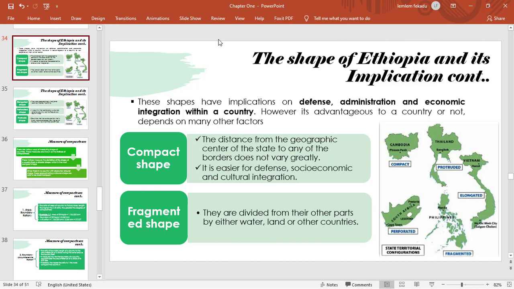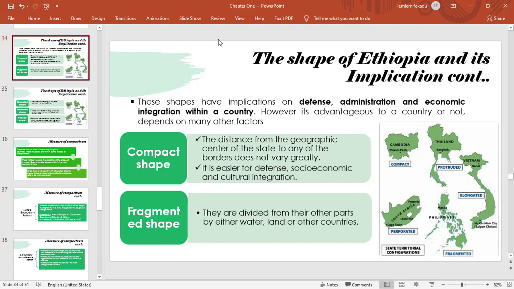The second type of shape of country is fragmented countries, which are made up of many different pieces of land, which means they are divided from their other parts by either water, land, or other countries.